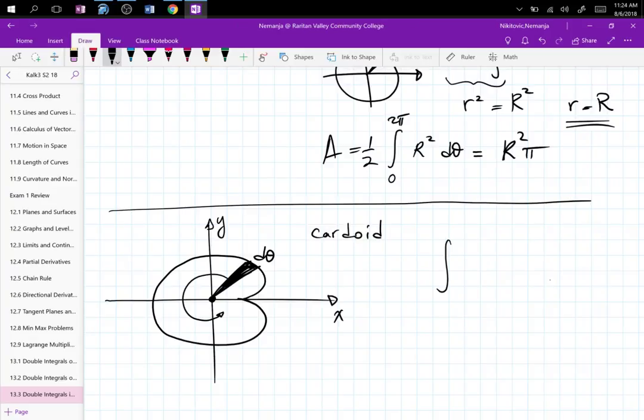So when I say integral d theta with whatever is in here, the two limits are angles, alpha and beta. Angles.